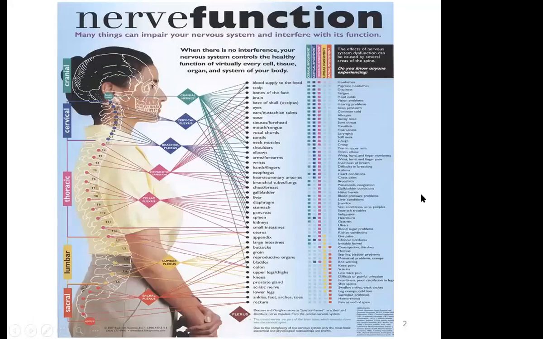This picture is in here because this is one that I used to use in practice just to show people how incredibly important the spinal cord and the spinal nerves are. So as a chiropractor, a lot of times people think that it's just for pain in the back, and that's why you go see a chiropractor, is to help you with your pain, but that's not exactly accurate. Although we can help with pain, it is really about so much more than that, and I didn't go into the field because of pain management.